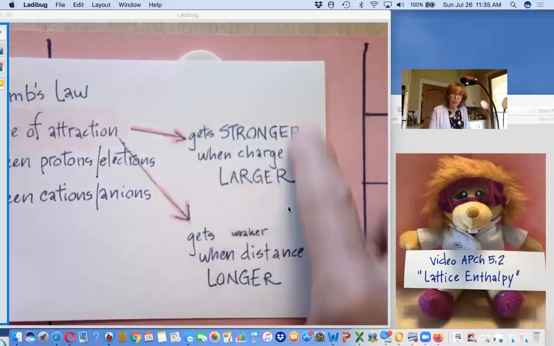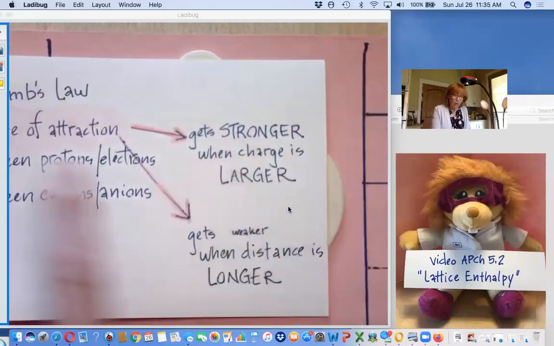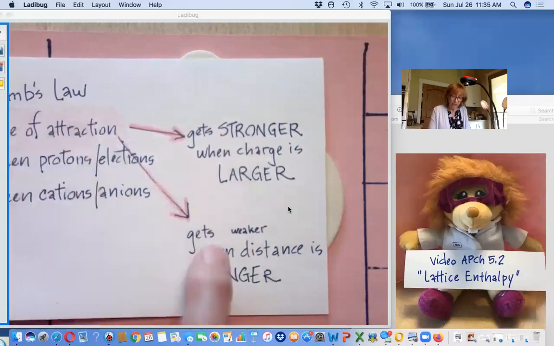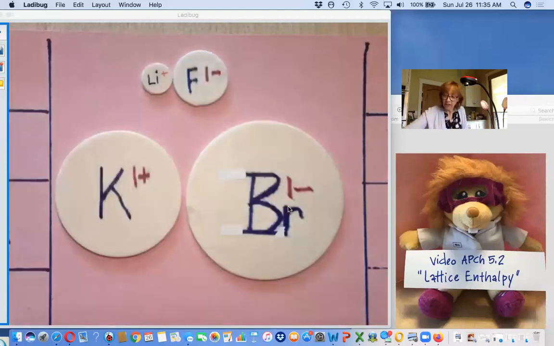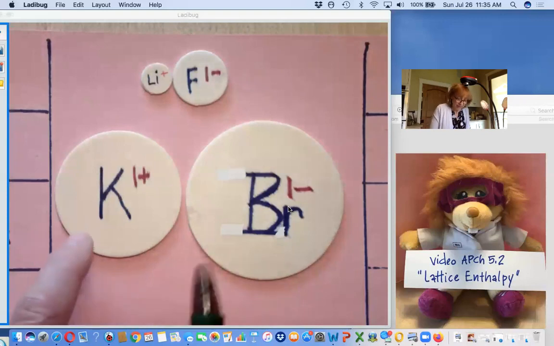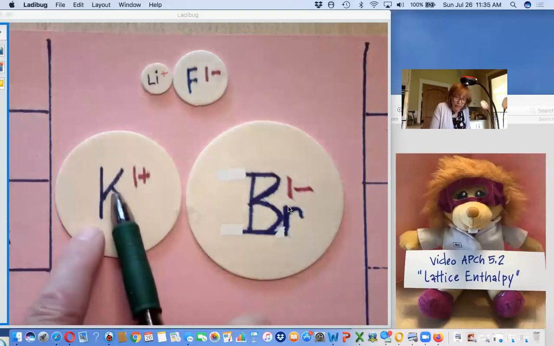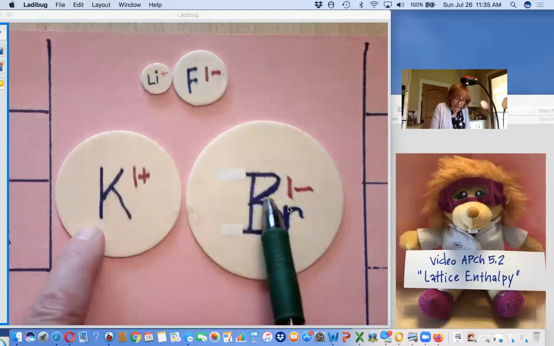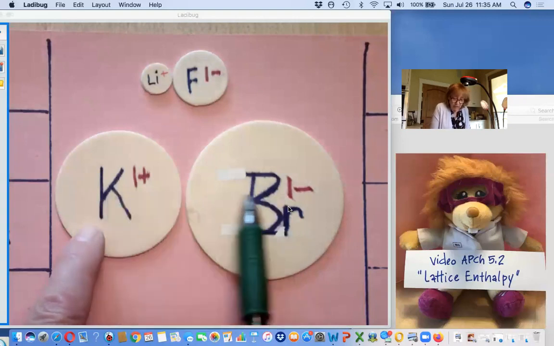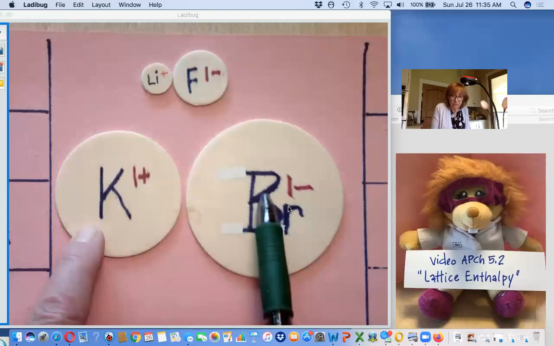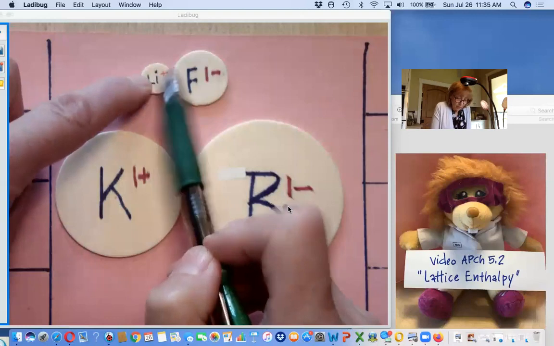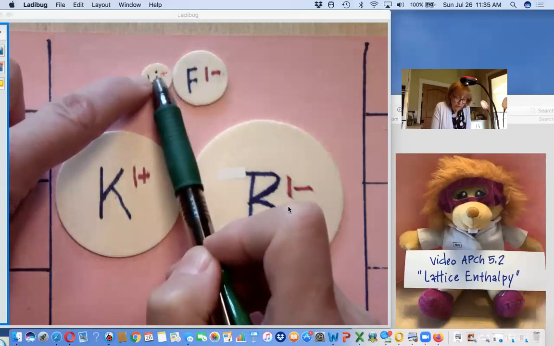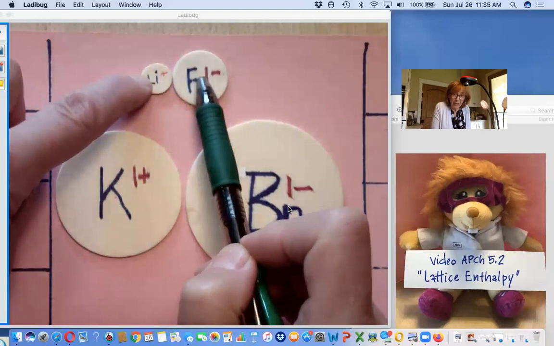So let's ignore that piece of Coulomb's law and recognize force of attraction also gets weaker when the distance is longer. Now, the distance I'm talking about here is the internuclear distance. So think about the nucleus of potassium and the nucleus of bromide, and that internuclear distance is that long, compared to the internuclear distance between the lithium cation and the fluoride anion.